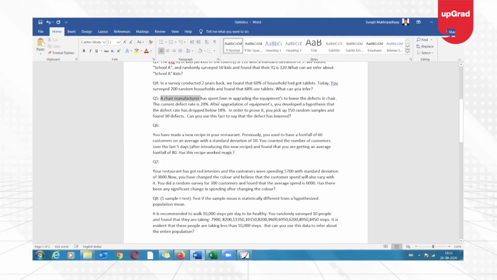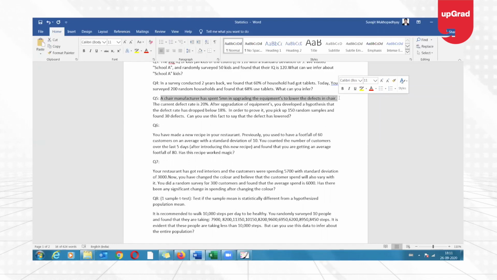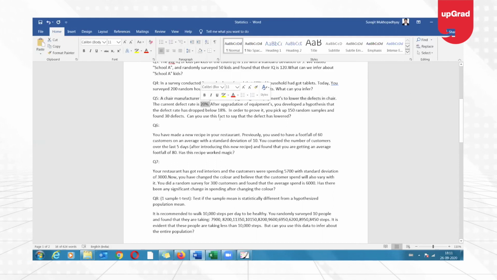So a chair manufacturer has spent 5 million in upgrading the equipments to lower the defects in chair. So right now, when the chairs are getting manufactured, we are finding defects in those chairs. The current defect rate is 20%. So out of 100 chairs being prepared, we are finding that 20 chairs are having some defects.